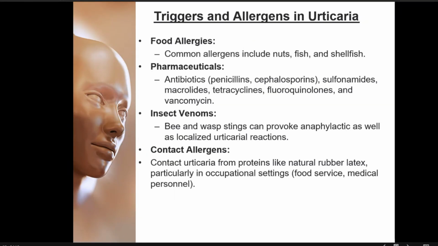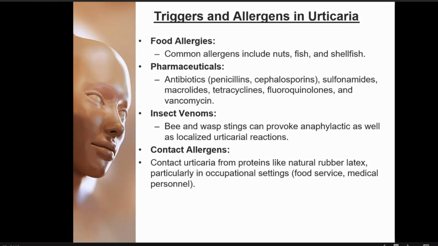Triggers and allergens in urticaria. Mainly food allergens like nuts, peas and shellfish are responsible for urticaria. Pharmaceuticals like the antibiotics penicillin, cephalosporin, sulfonamide, and macrolide are also responsible for this disease.